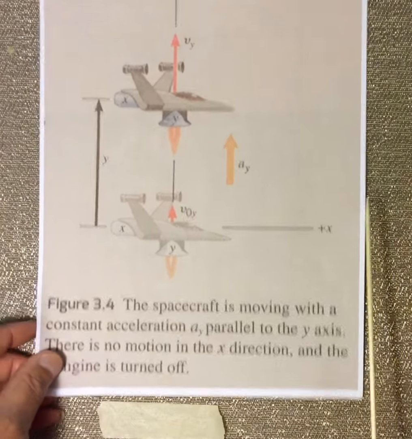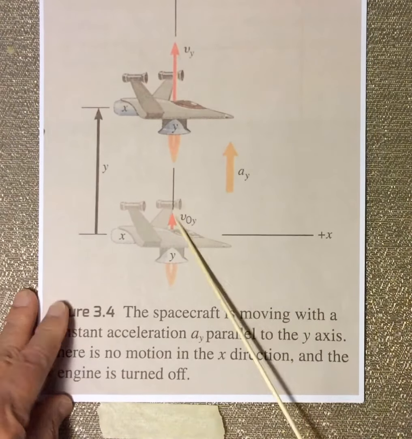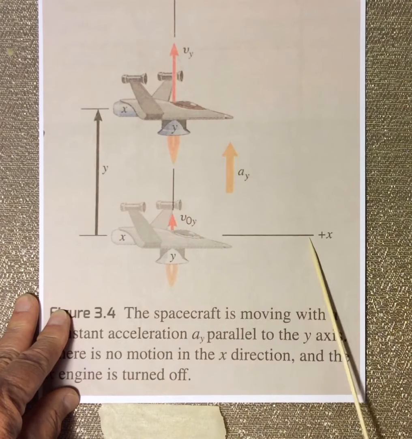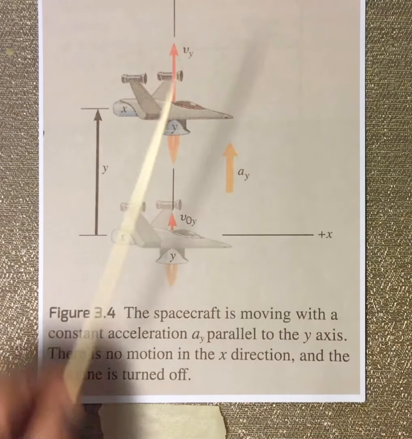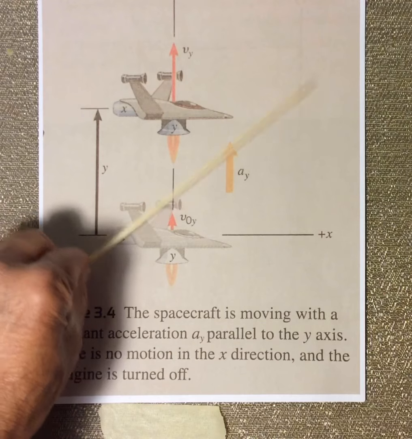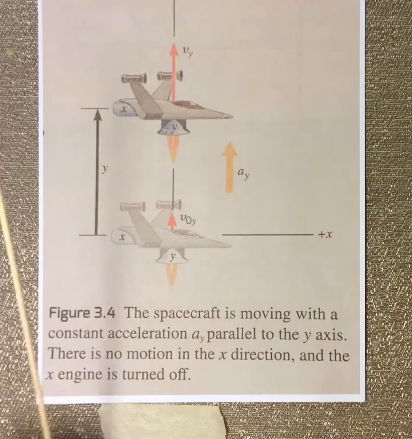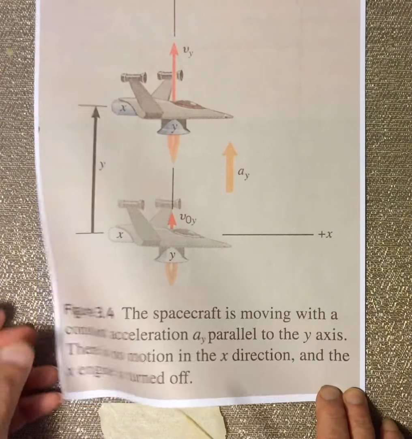This is different, where you have motion in the direction of y, there is no motion on x. So if your vector is here, we will resolve it into x and y, the same way we did.